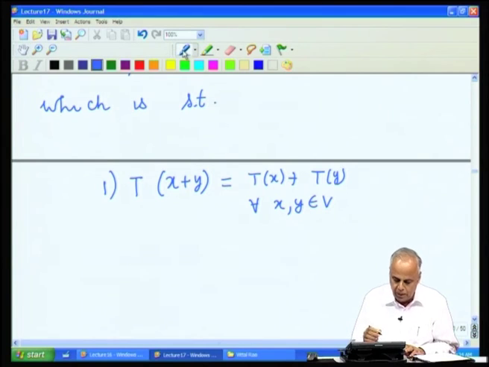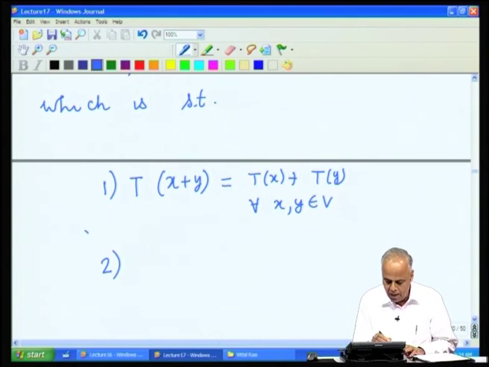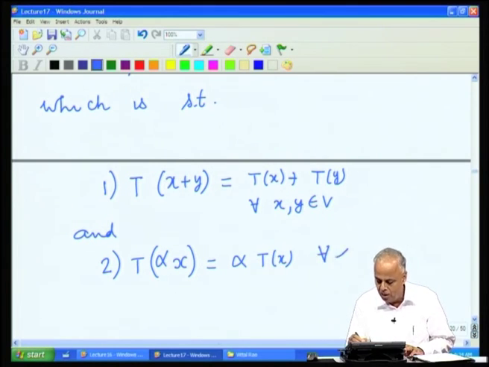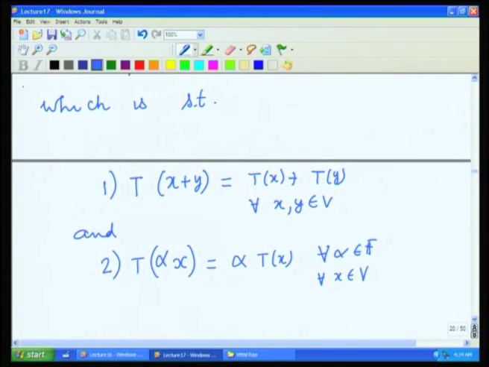So, this is what is meant by it preserves addition, and it preserves scalar multiplication means take a vector x, multiply it by a scalar in V and then take the transformation. It should be the same as transform the vector x and then multiply by the scalar, for all alpha in F and for all x in V. Once again notice that this scalar multiplication is in V and this scalar multiplication is in W, because this vector x is in V and we are multiplying by alpha.